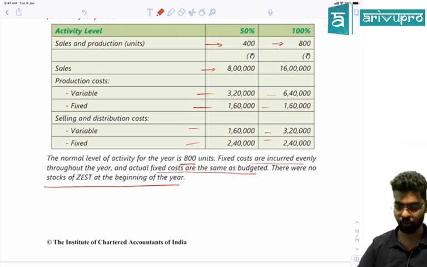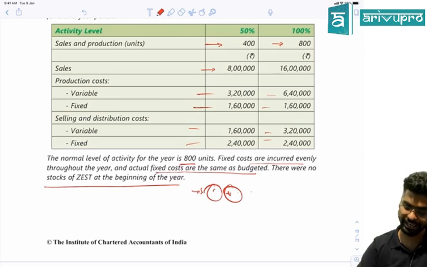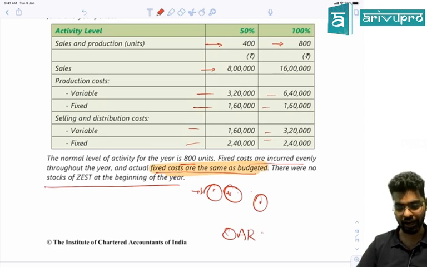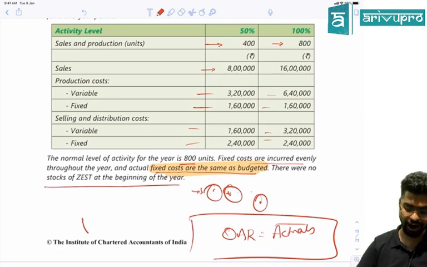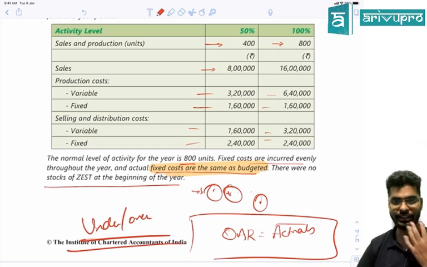Now, why is this required? Because you need to remember when the fixed costs are same as budgeted, my OAR is equal to actuals. So there won't be any under absorption or over absorption. Are you clear? Why?